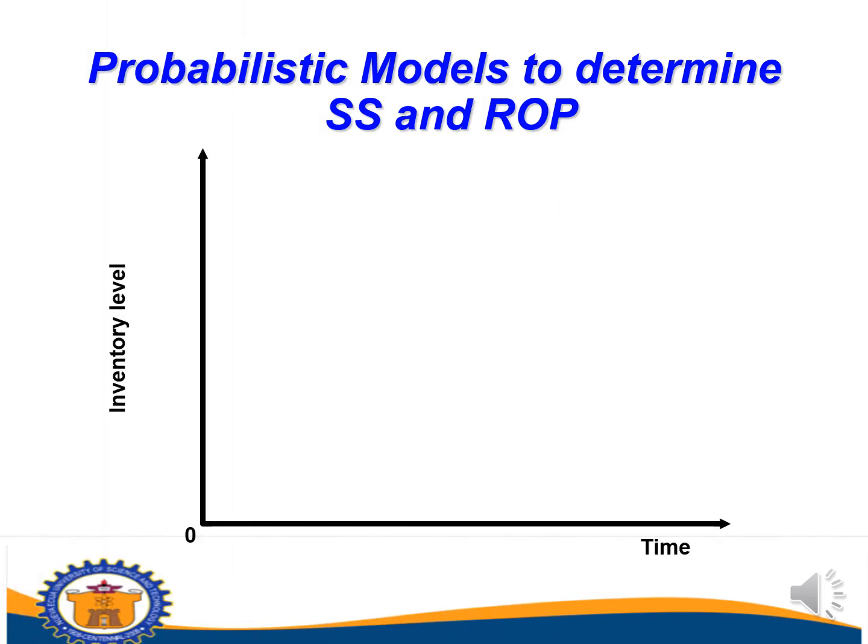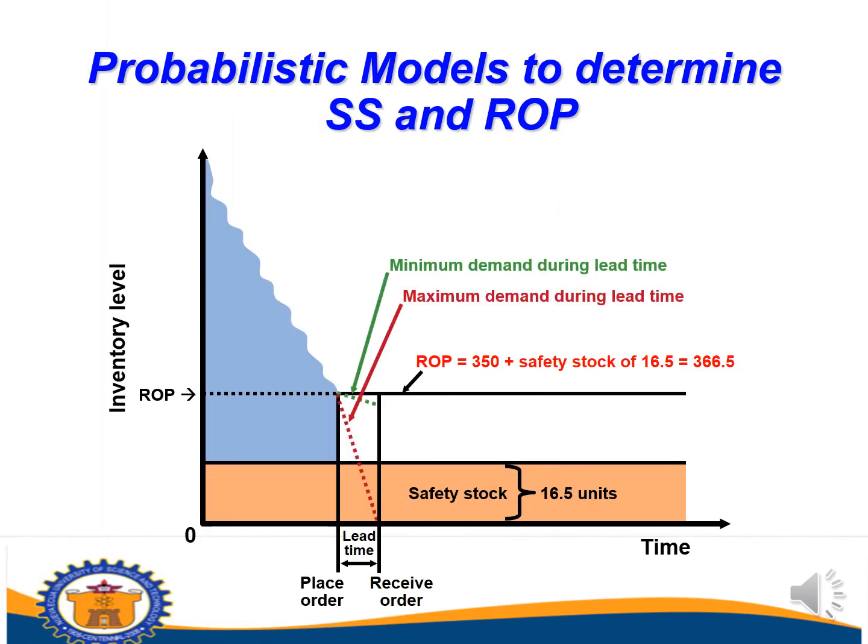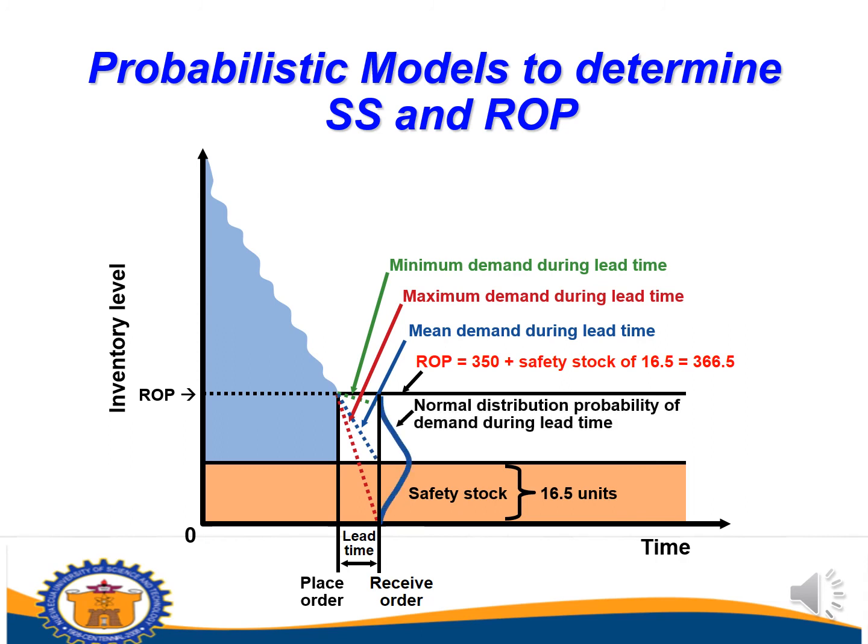Probabilistic models to determine safety stock and reorder point. So these are models that are designed to take into account variability in the demand for a product, and they assess the amount of inventory that will be needed based on past demand variability to maintain a desired level of service. Safety stock is held to do this.